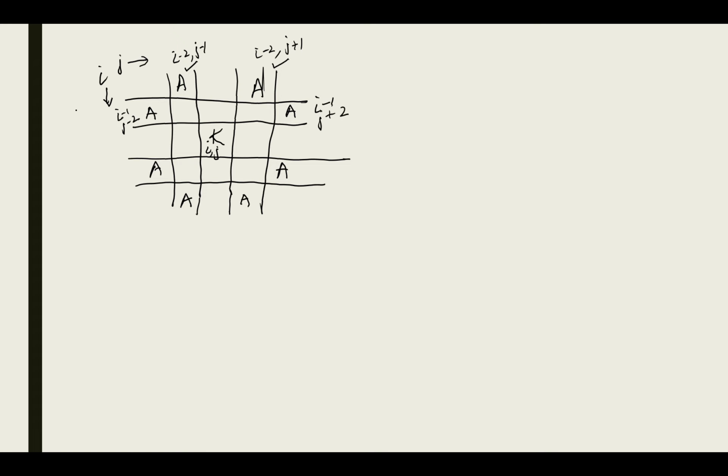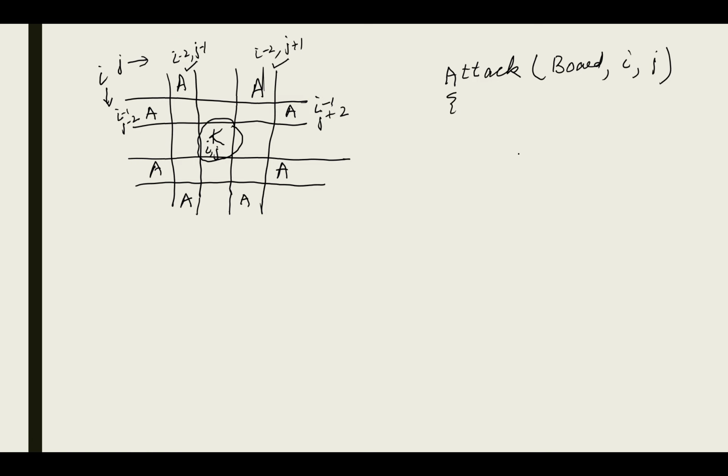So once you know where the knight is placed, you can easily find out all the attacking positions. One function that you have to develop, you can name it attack, and you will pass the board and say that I have placed my knight at position i and j, so let's mark all the attacking positions.